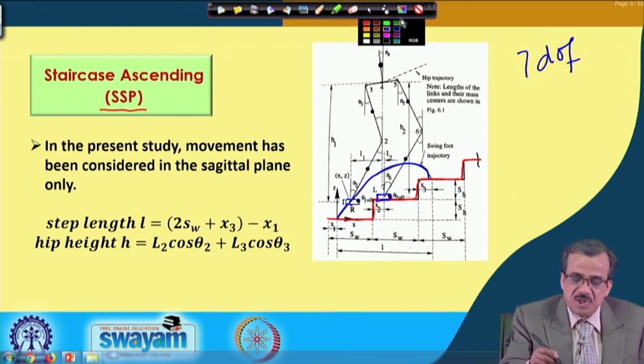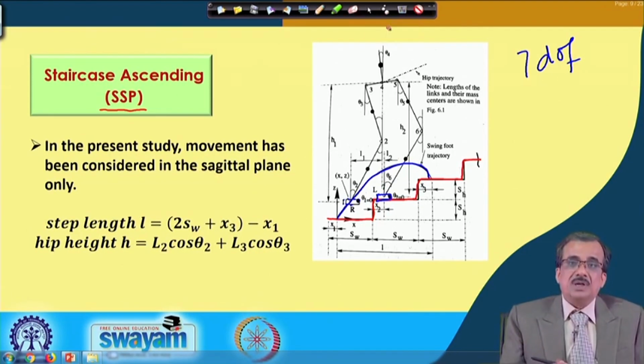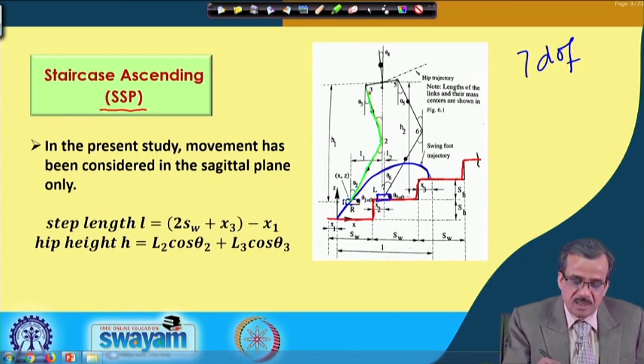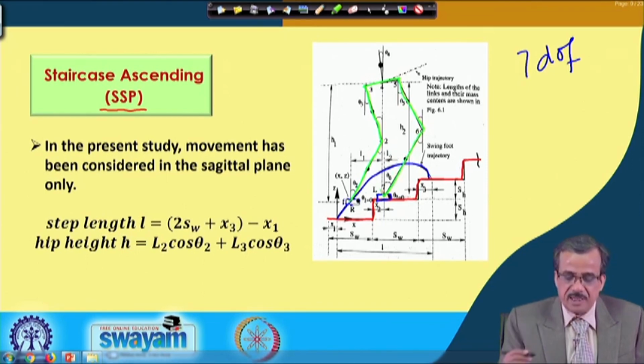Now, similarly, if you see the limbs of this biped robot, this is actually one foot. This is one link here, then we have another link here, then this is the hip joint, then comes another link here, and here we have the ankle joint.